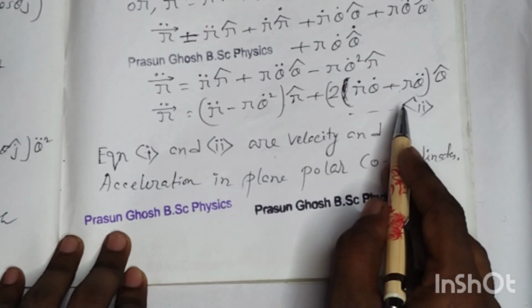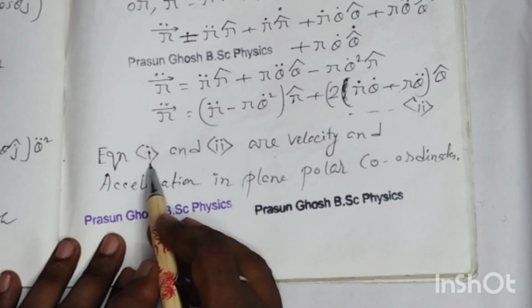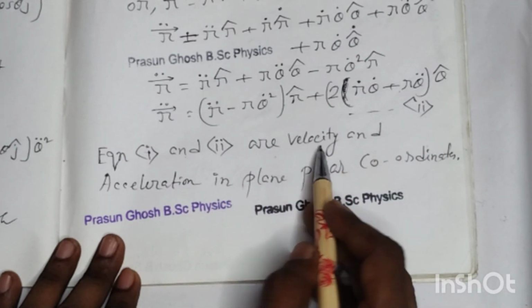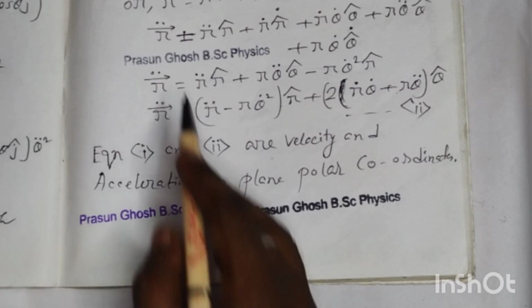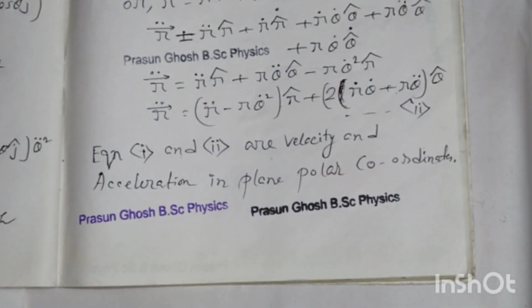This is equation 1 and this is equation 2. Equation 1 and equation 2 represent the velocity and the acceleration of the particle.